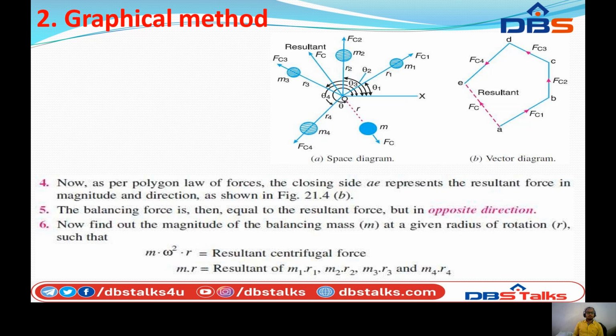And what are the possible ways of balancing the rotating masses? One is balancing of a single rotating mass by a single mass rotating in the same plane, and balancing of a single rotating mass by two masses rotating in different planes. These two contents were covered in today's class. In the next class, we will do the problems also.